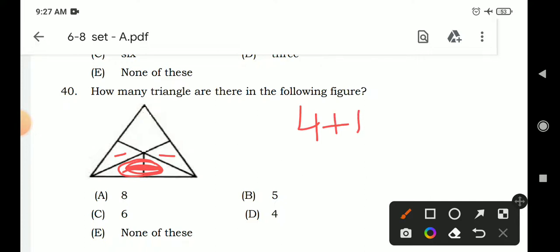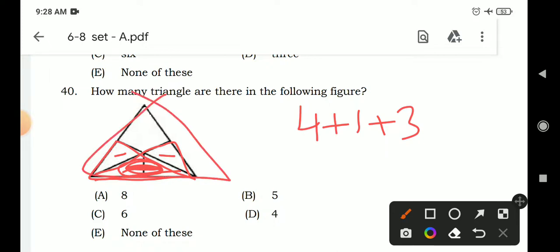Now check the triangles made of three triangles. Look here beta, this triangle is made of three triangles, and this triangle is also made of three triangles. Now check if any triangle is left here. One more triangle is left. Which one? This complete triangle.